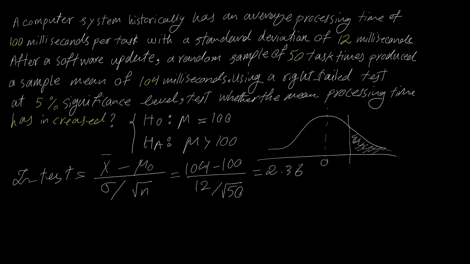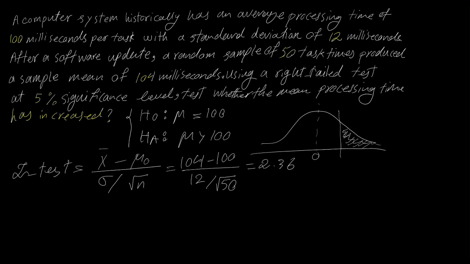The next step is to compute the p-value, or, if you remember, I mentioned that you can find z of alpha and then compare z of alpha with your z-test value, the test statistic, and see if z of alpha is greater than this value or less than this value. I do both ways, so let's find z of alpha. This point here is z of alpha.